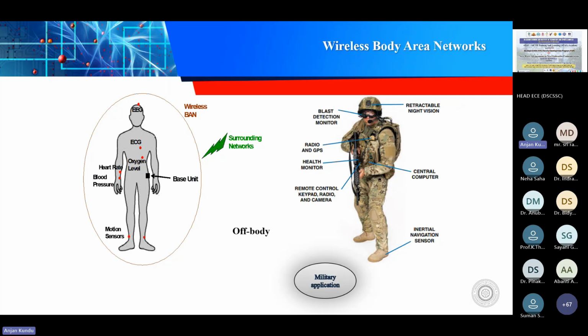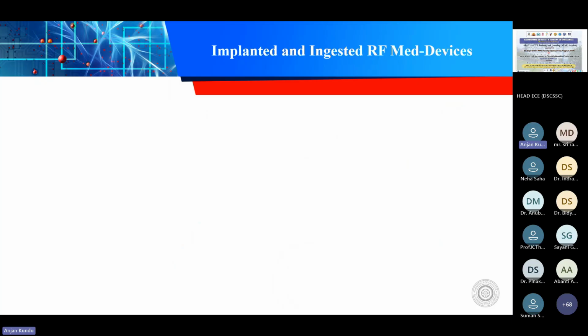That is already available in our defense actually. So we can remotely monitor the health parameters of a soldier who is in the battlefield, and depending on the stress factor, we can order the soldier to retreat or come to the base. It is totally off-body communication. So these are some practical examples of the different types of WBAN.